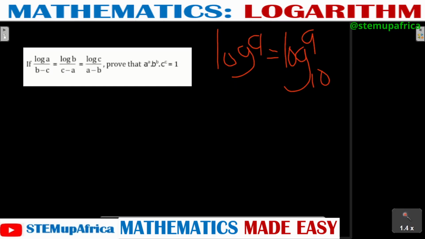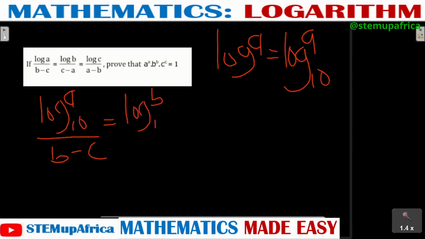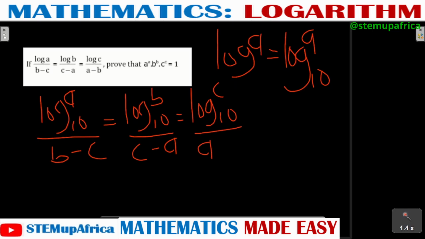So this expression, since they are equal to each other, I will equate it to a constant, maybe k or c, any constant. But since we have seen the expression, let's use k as our constant. So I will say log a in base 10 over b minus c is equal to log b in base 10 over c minus a is equal to log c in base 10 over a minus b.